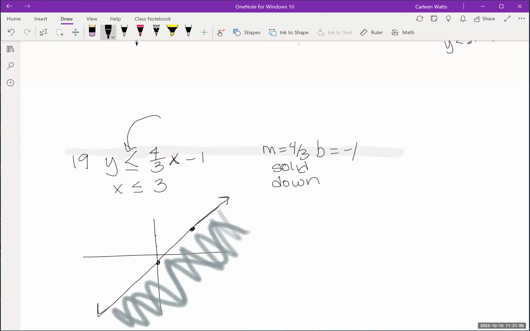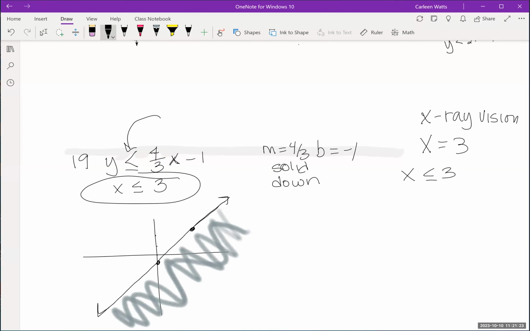Okay, this one's weird. X less than or equal to 3. If it's an X equals, the line X equals, we think X-ray vision, which reminds me that an X equals is vertical. Believe me, I Googled it. There's not a good way to remember that an X equals is vertical. So it's going to look like this. X equals 3.